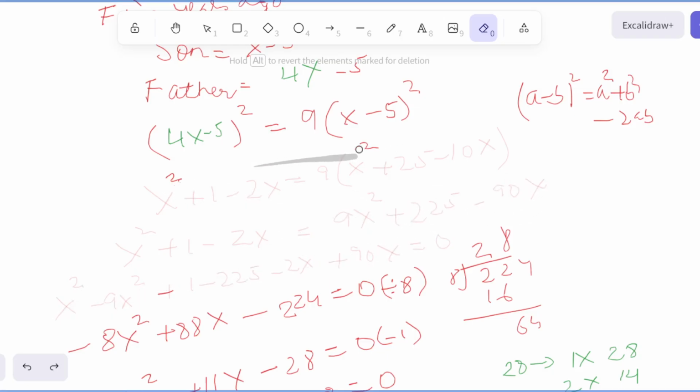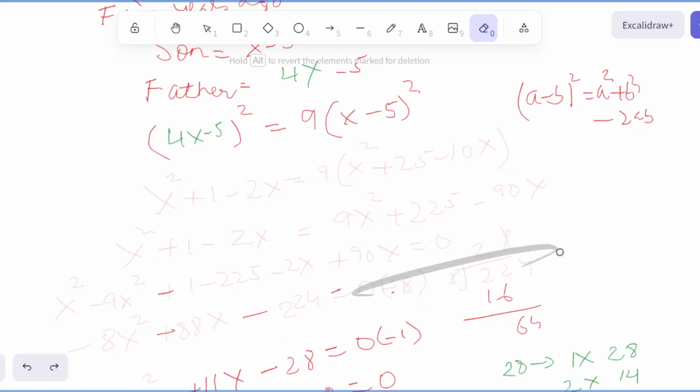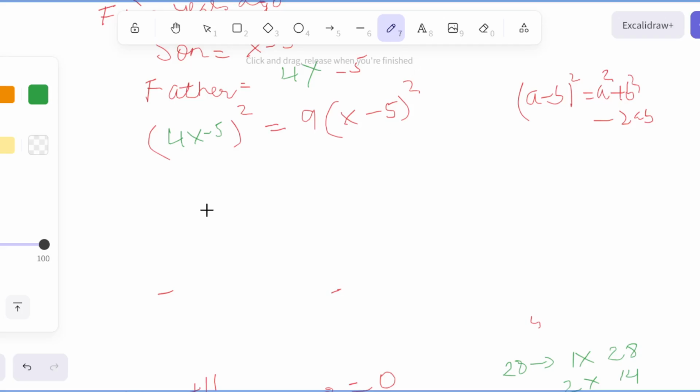Are we all good? Okay, so let's do it first and then we'll come back. Now 4x, this becomes 16x squared here, and plus 25 minus 5 times 4 is 20, minus 40x. So 4x becomes 16, 25, 20. Yeah, that's correct.